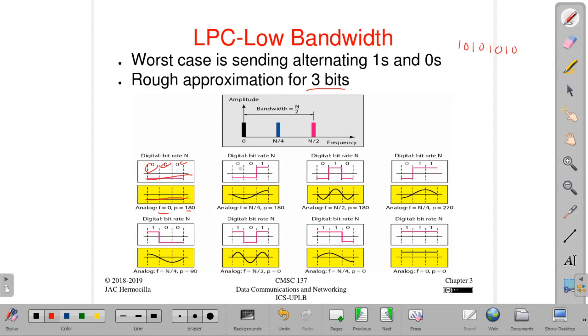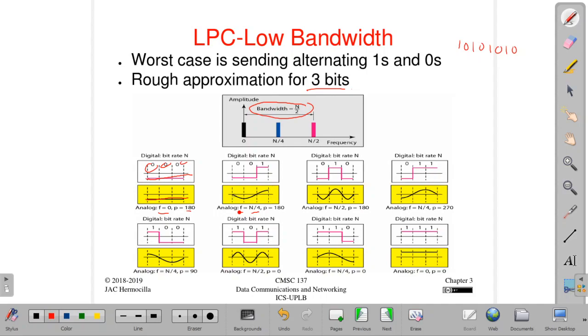And to represent 0 0 1, we can use this analog signal with frequency n over 4. So take note that this is the bandwidth.